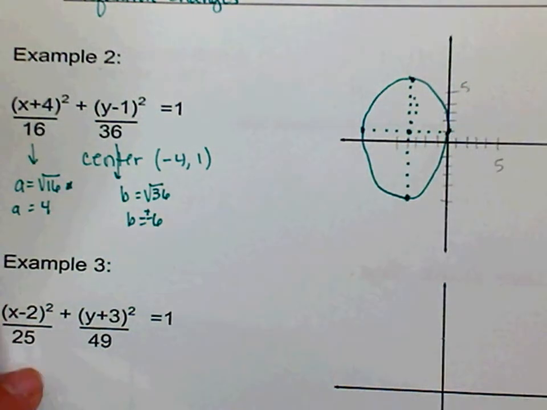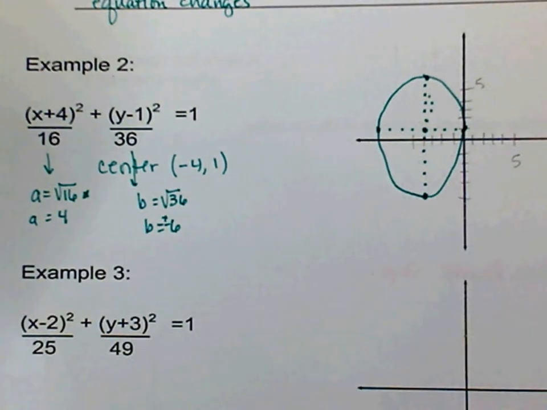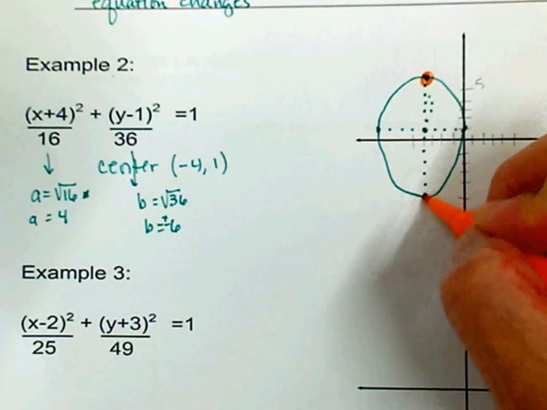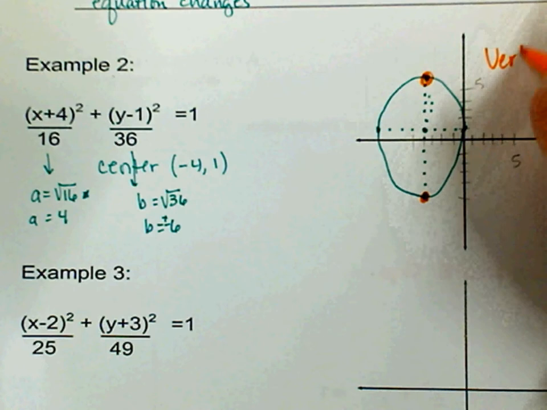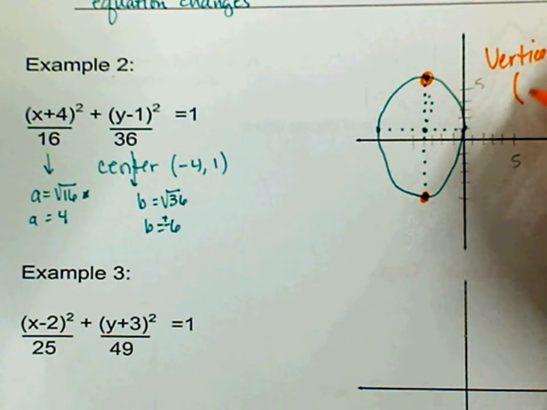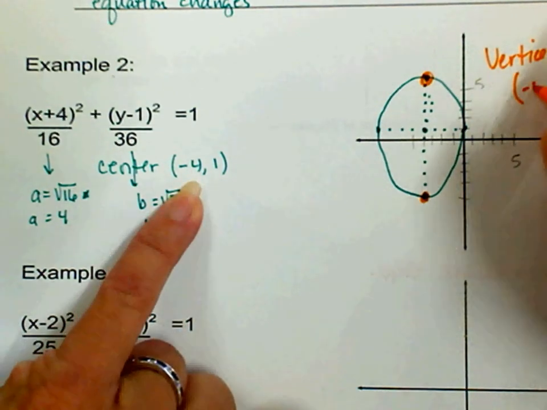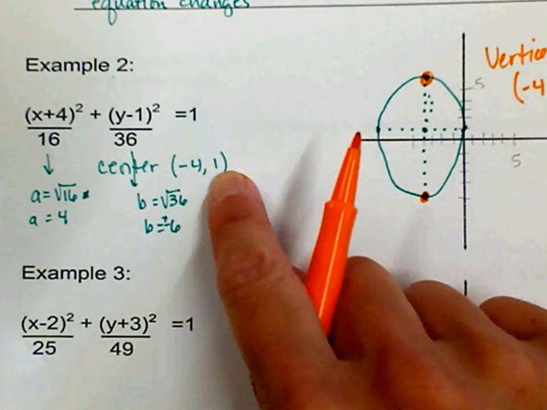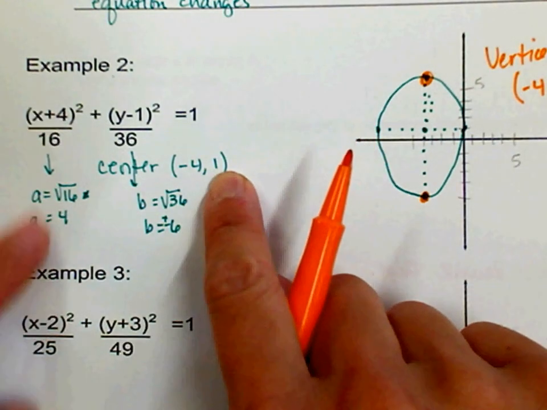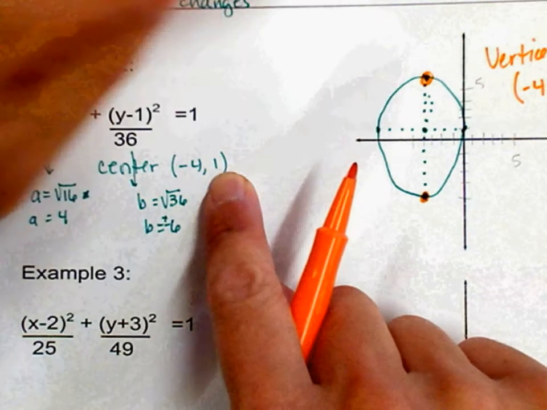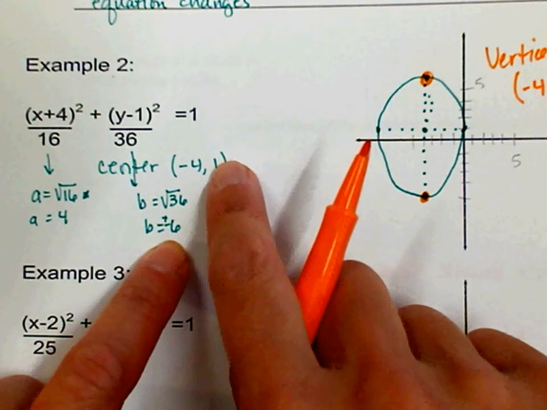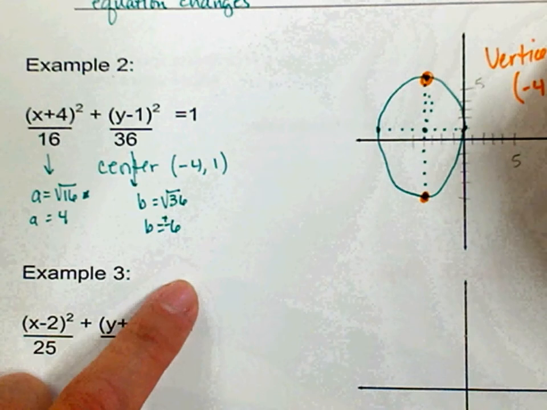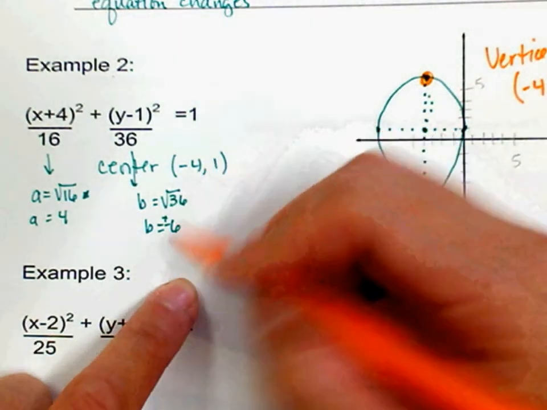All right, so how do you find your vertices? Well, this one is the longest axis. So what is your vertices? Well, it's at negative 4, okay, but notice the 1. Okay, so it's under X. No, sorry, it's the Y. So 1 plus 6 is 7. 1 minus 6 is negative 5.